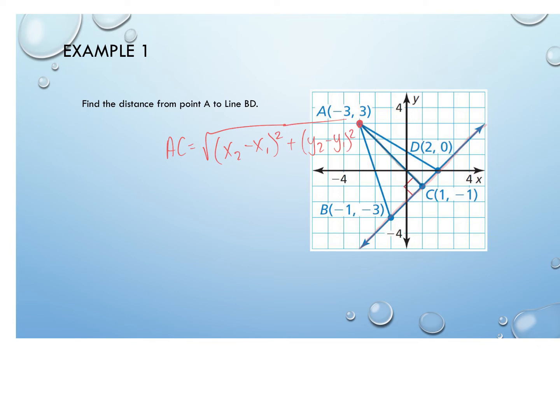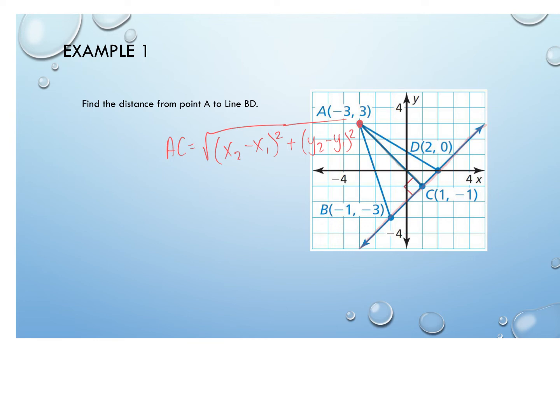Oh, Mario. That was next level. Okay, this is the distance formula, people. Mario's built different. This is the distance formula. We have to use the distance formula to find the distance between A and C.